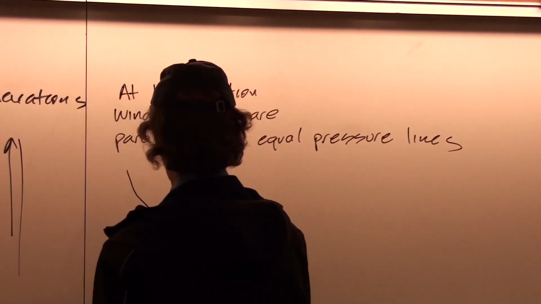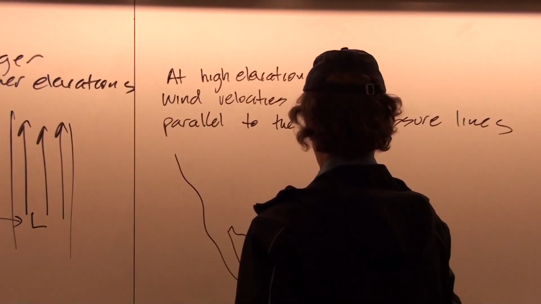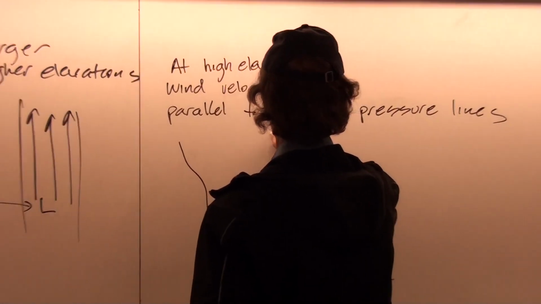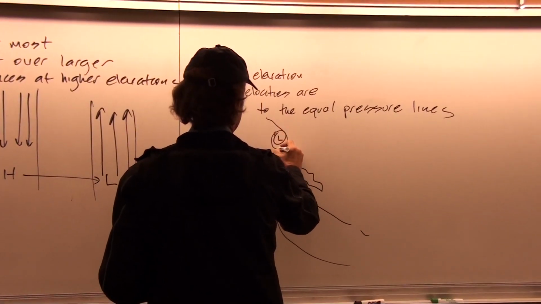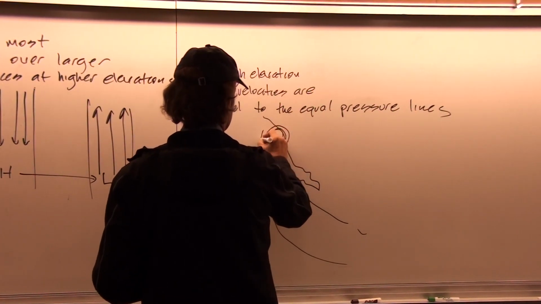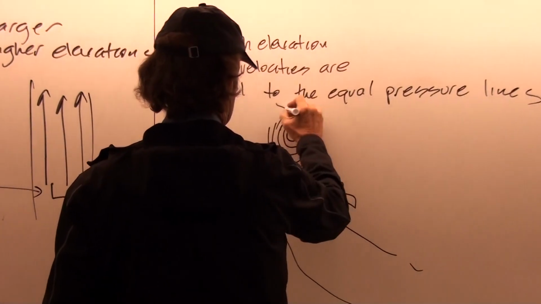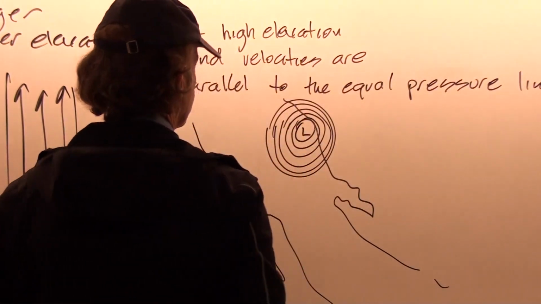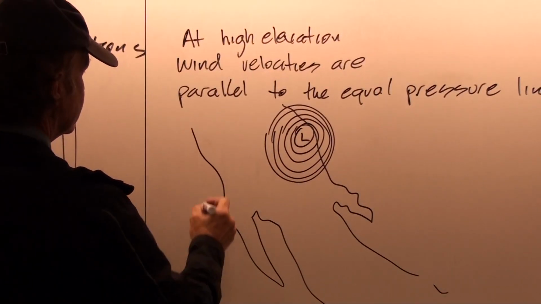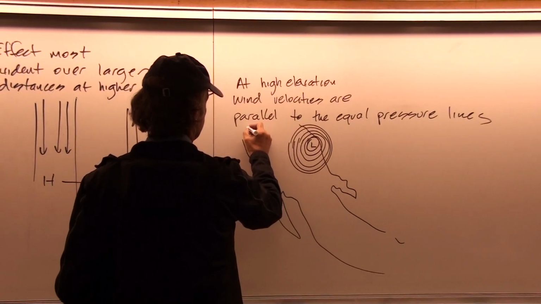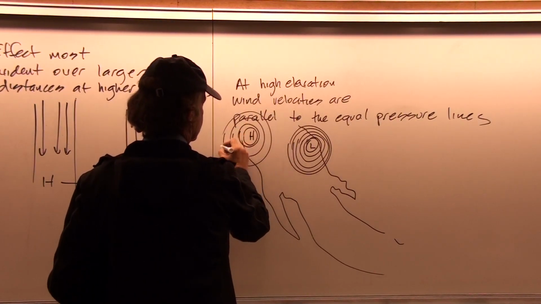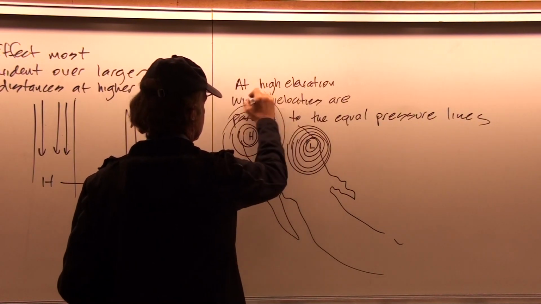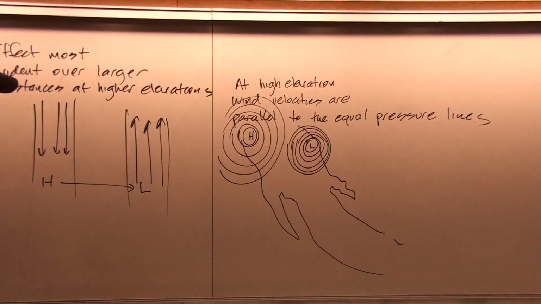So let's redraw this and set ourselves up with a slightly different kind of a high and a low pressure situation. Let's say that we have a low on the East Coast in which the lines of constant pressure are fairly closely spaced. Then we have a high pressure on the west coast with spacing of the lines maybe slightly more expanded.